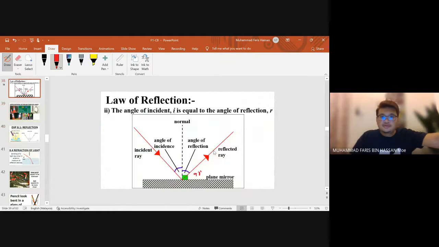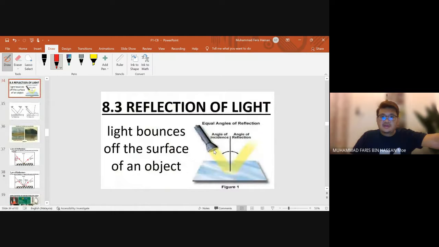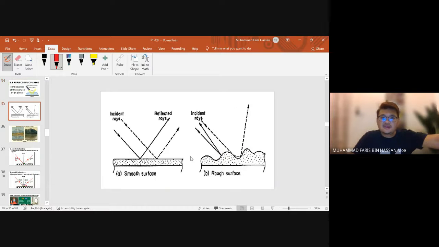So let's recap what we learned in this subtopic. In this subtopic, you need to know about the angle of incidence and the angle of reflection. The light bounces off the surface of an object. So when there are incident rays, there will be reflected rays as well.